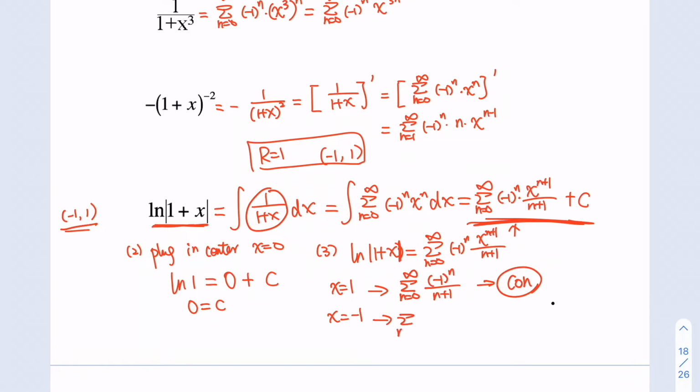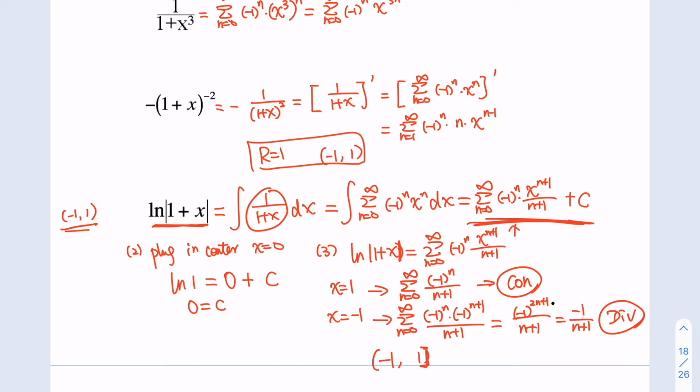When we plug negative 1 in, it's negative 1 to the n times negative 1 to the n plus 1 over n plus 1, giving us negative 1 to the 2n plus 1, which is always negative 1 here. So it diverges. So our interval of convergence will be negative 1 open and 1 closed here. And r stays the same, r equals 1.